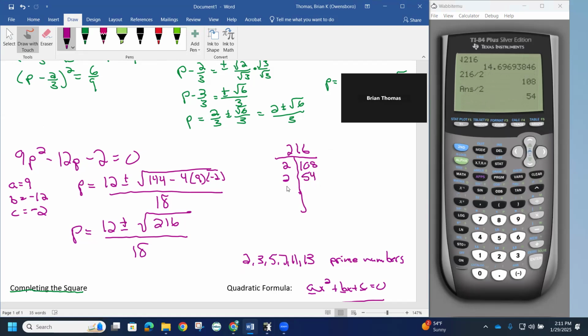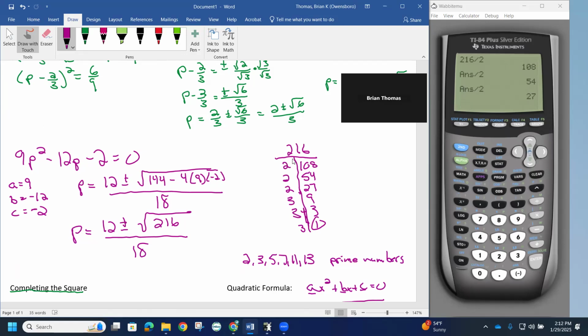It looks like 2 also goes into 54. If I divide 54 by 2, that's going to give me 27. Now it looks like we're moving to threes. So 3 goes into 27 9 times, 3 goes into 9 3 times, and 3 goes into 3 1 time.